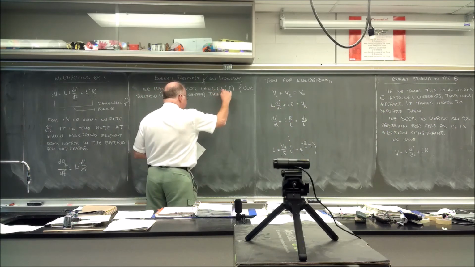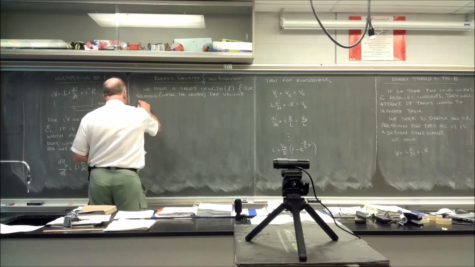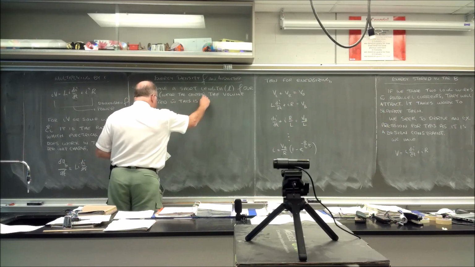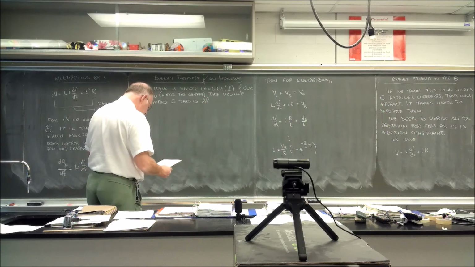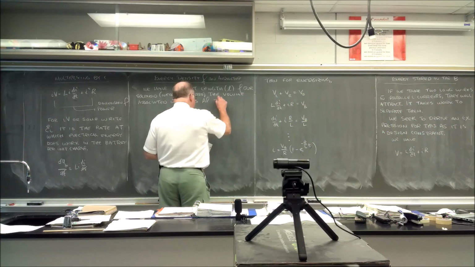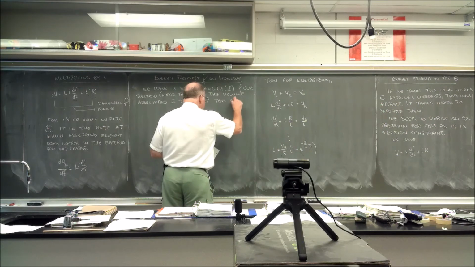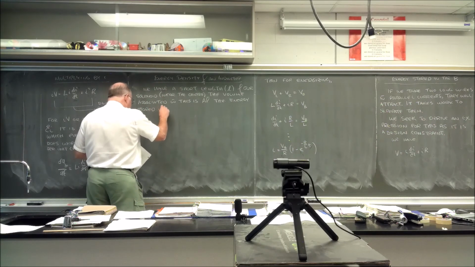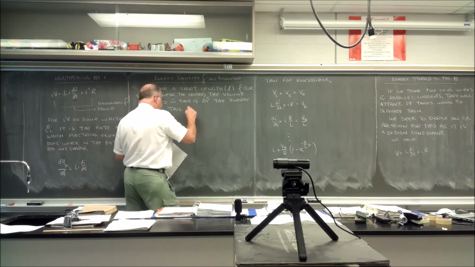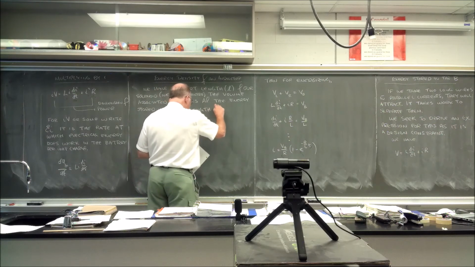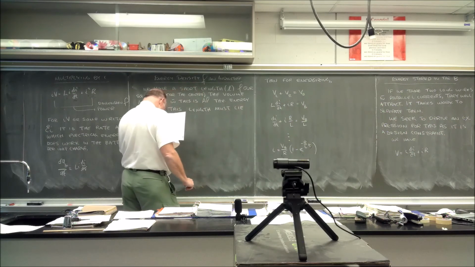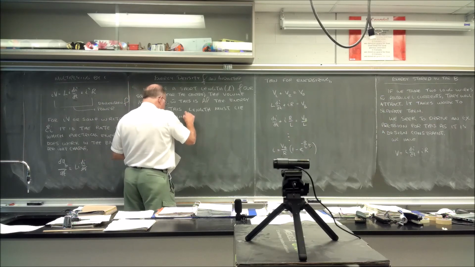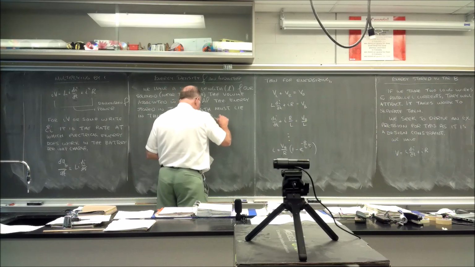The volume associated with this is, of course, A times script L. The energy stored in this region, or in this length, let's say, must lie in this volume, for B external is effectively 0.